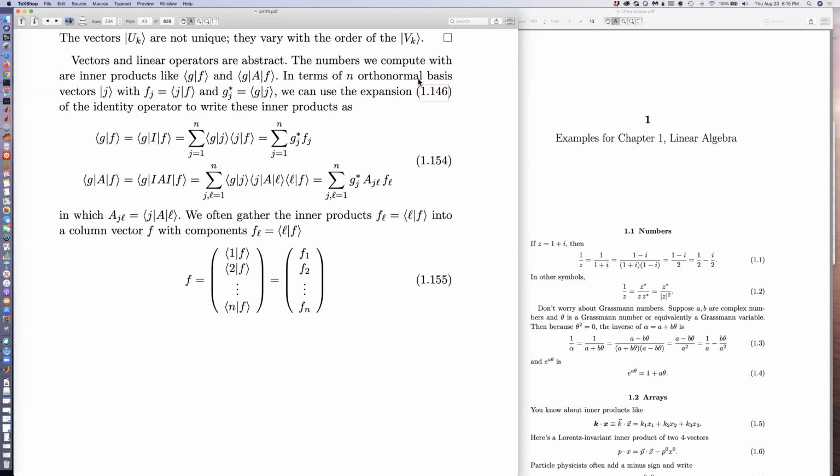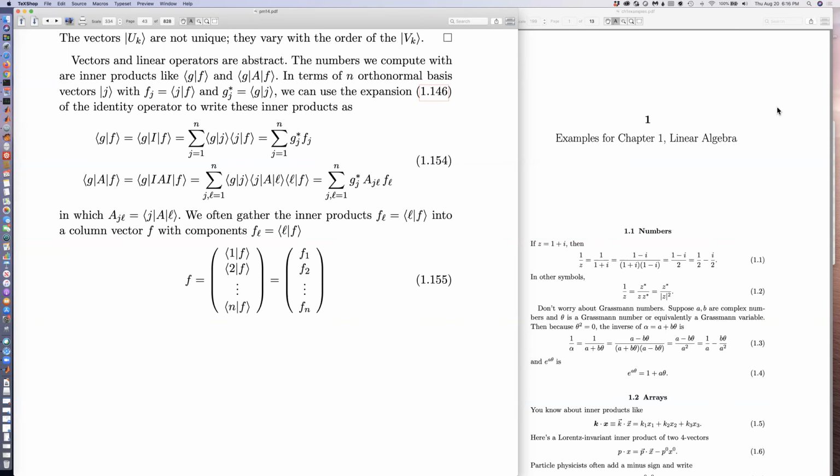And in terms of n orthonormal basis vectors, the things we compute with are the components of the ket F and the basis vector J, and the components, the inner product of the bra G with the basis vector J, we call that GJ star, and we can then use the identity operator formula that I said was so important to derive these things.